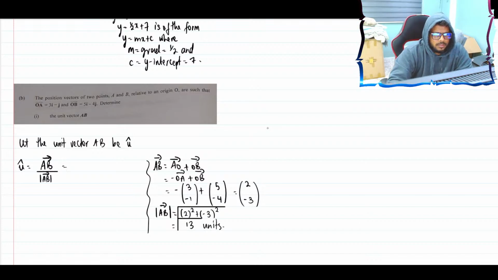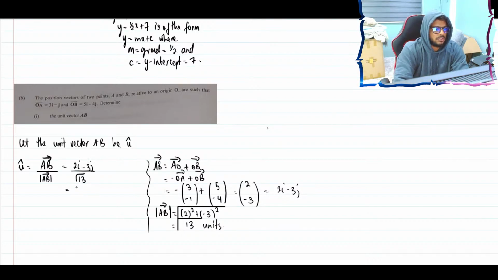So U hat is 2i minus 3j all over root 13. And if you want to separate it, that is 2 over root 13 i minus 3 over root 13 j.